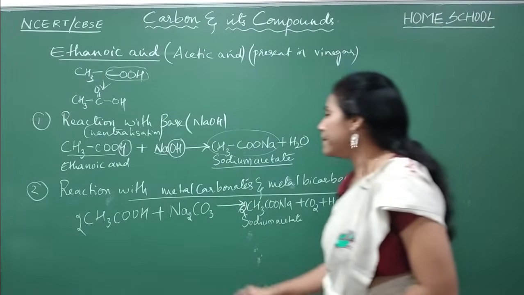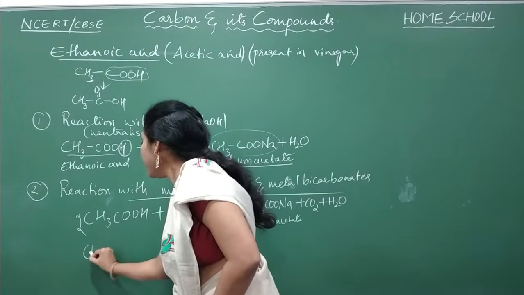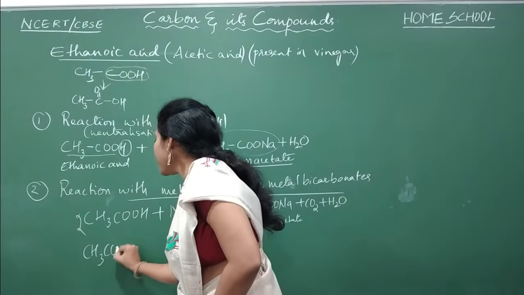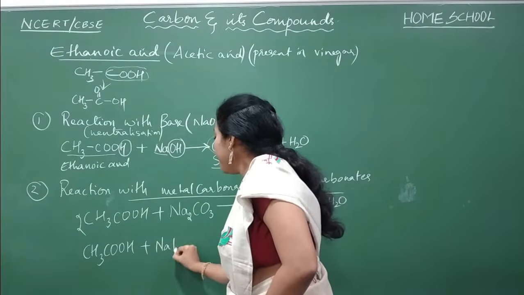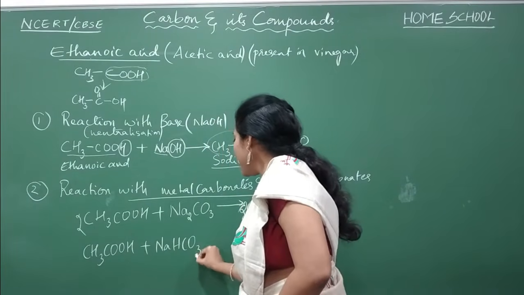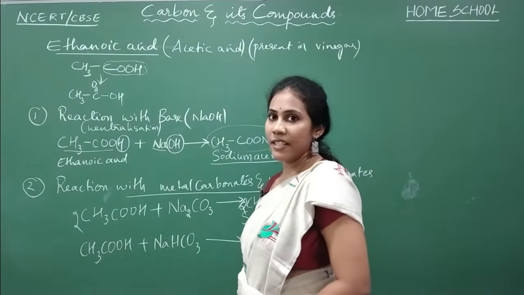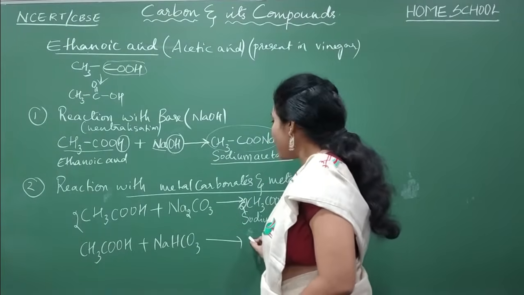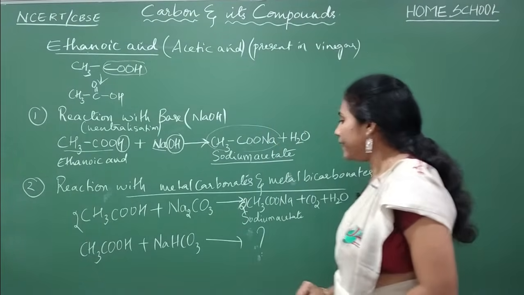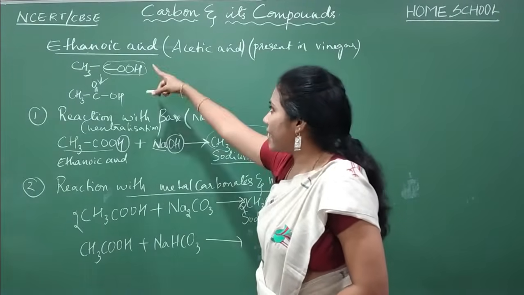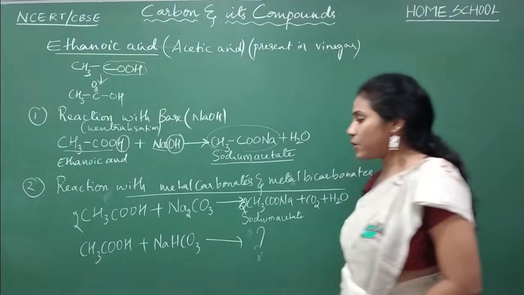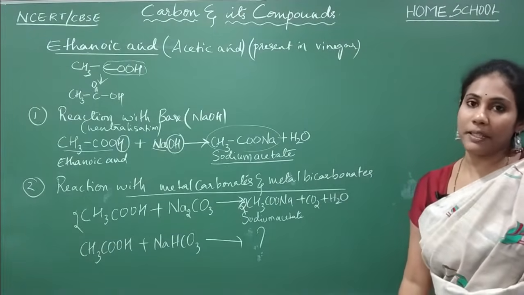Okay. So in a similar way, can you write a product for CH3COOH plus sodium bicarbonate? Same products you get, isn't it? Okay. So this is the homework for you. Write the products when acetic acid, that is ethanoic acid, reacts with sodium bicarbonate.